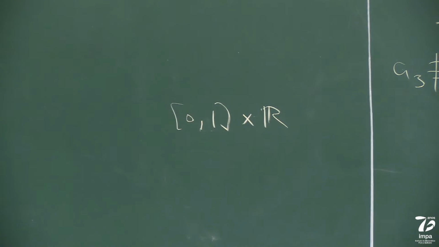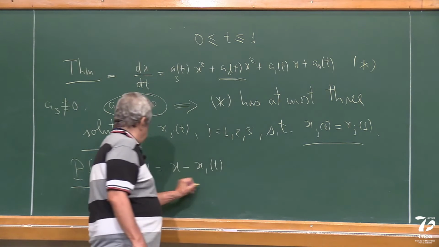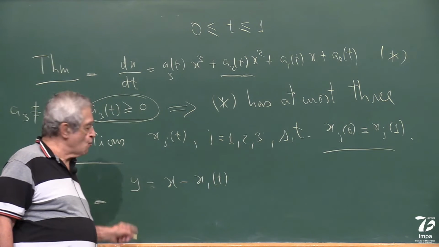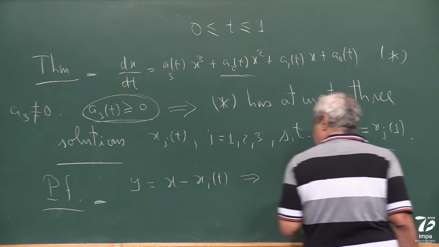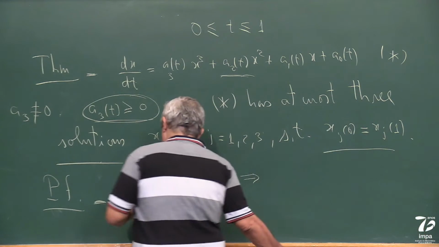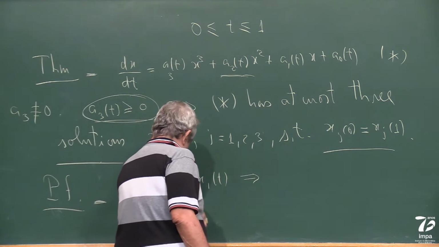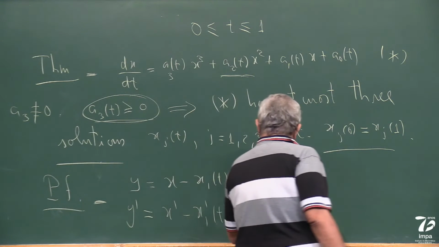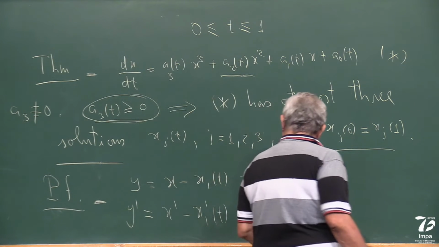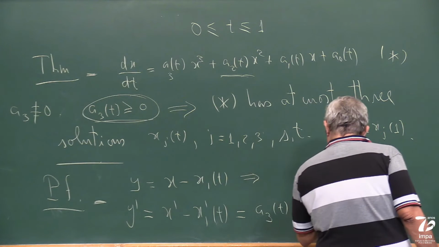So the proof goes like this. First of all, I do a change of variables like that. So if I do this change of variables, then I will find something like this.